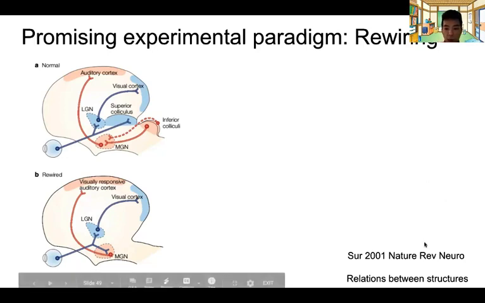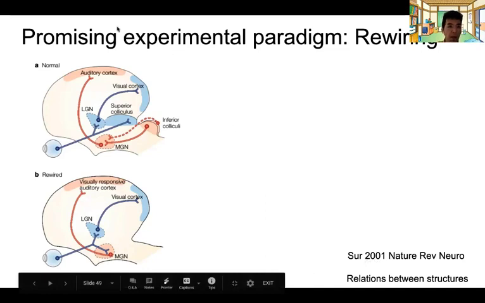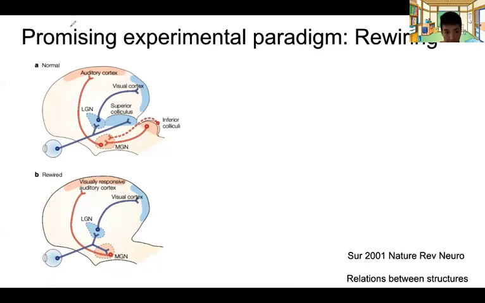What Mriganka Sur's lab at MIT did roughly 20 years ago is this: in a normal brain, the eyes or retina extend to the thalamus, LGN, and also the superior colliculus, as we discussed in the context of the blindsight patient. And then from LGN in particular, the axons go into the visual cortex. That's the normal visual system development.